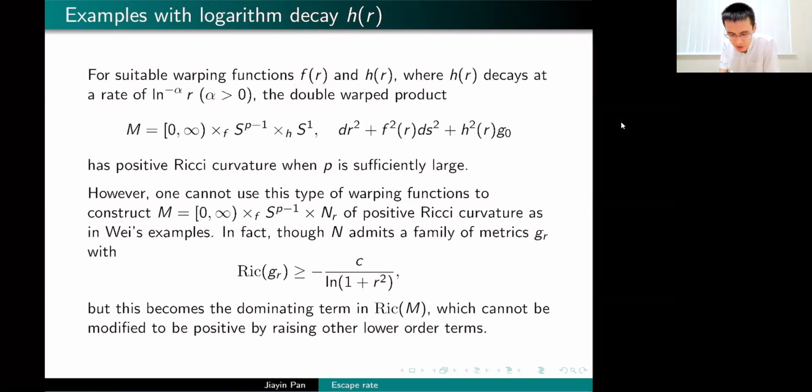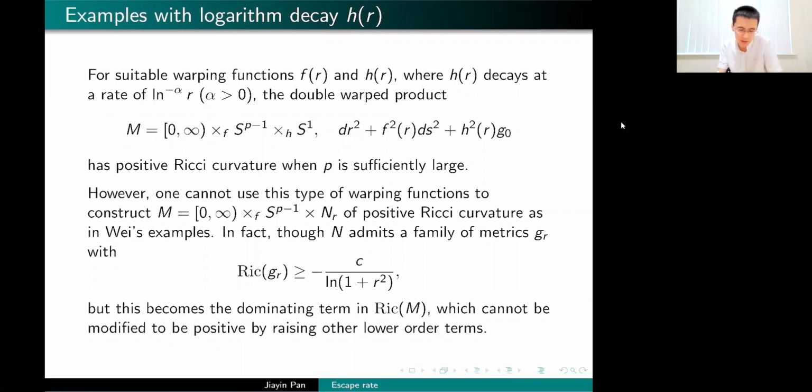We can explicitly write down h and f and construct this example. It's a double warped product with a sphere and a circle, but this h decays at a polynomial rate in log r, like (ln r) to the negative alpha. And this one also has positive Ricci curvature when p is sufficiently large for suitable functions f and h.